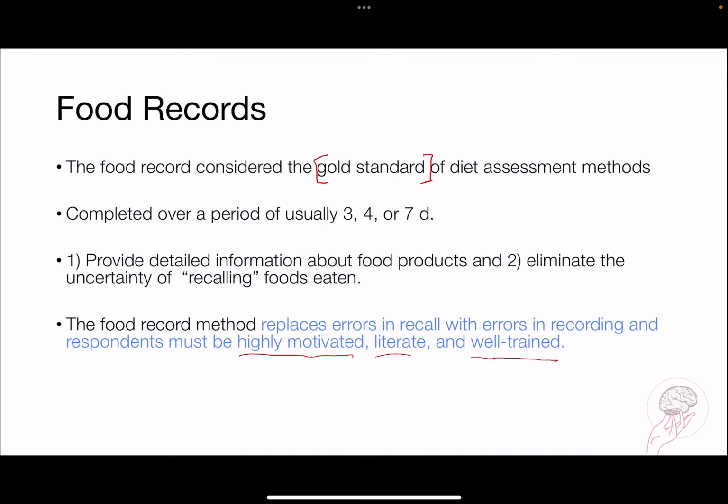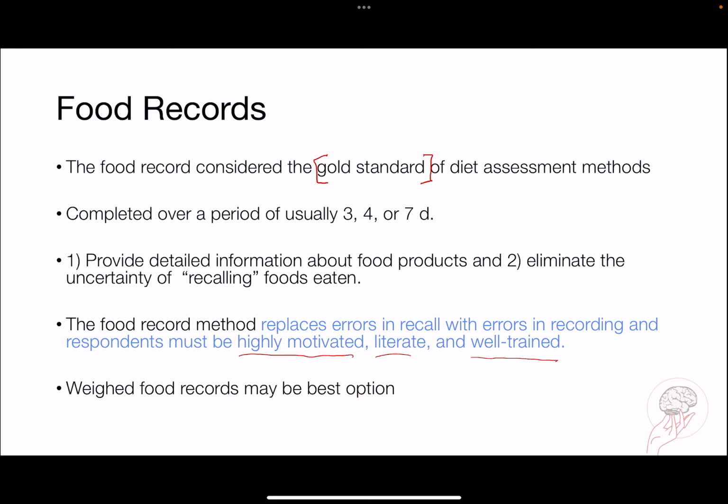How big is that bowl? Well, my bowls at my home may be different than a bowl of spaghetti at a restaurant. When I make spaghetti at home, I may add garlic or onion into it, whereas someone else may not. So these are all the little details that you need to be able to capture with a food record, and this requires quite a bit of training.